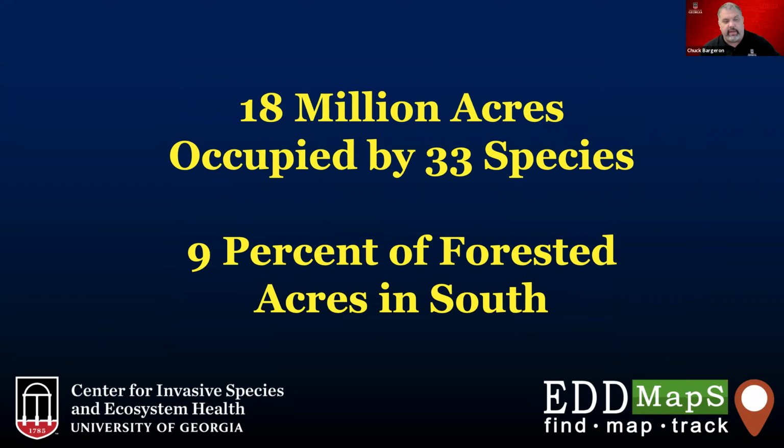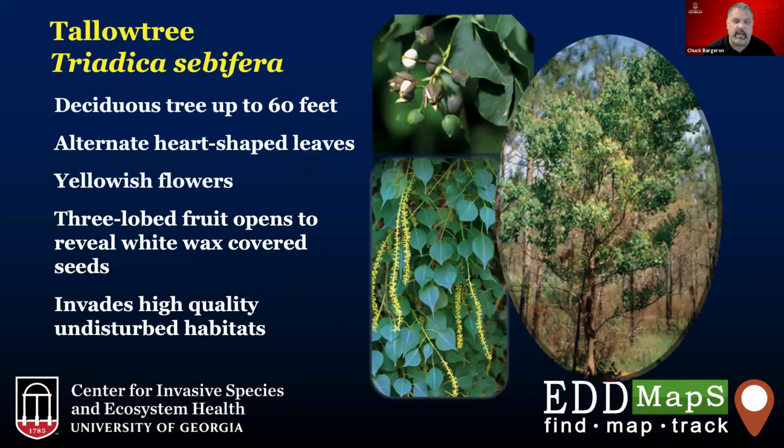Over time they've looked at the main species and estimated the acreage across the Southeast, and it's estimated that about 18 million acres are covered by the primary 33 species that are problems in forested areas in the South, and that's about 9% of the forested acres.